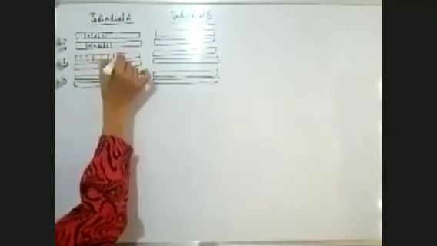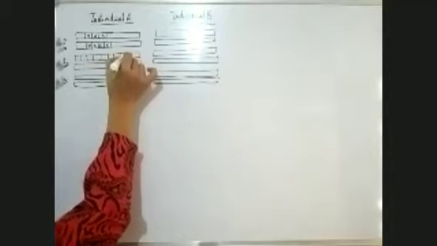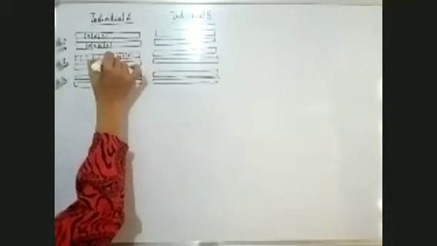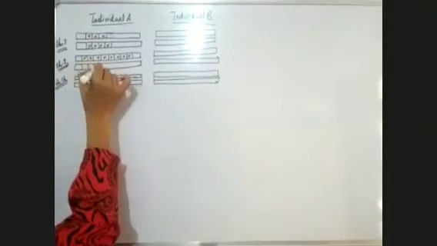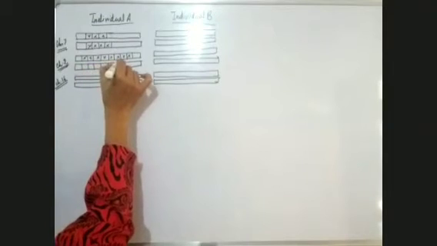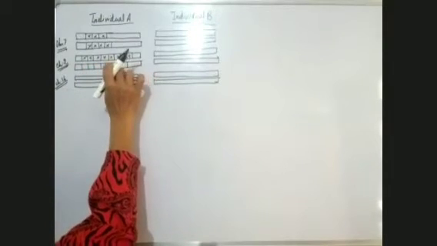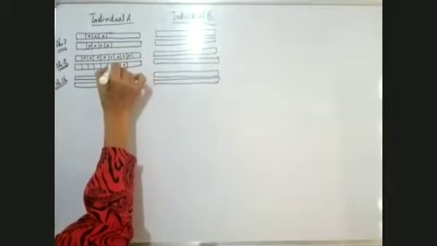Here there are 8 VNTRs: 1, 2, 3, 4, 5, 6, 7, 8. The next one has 7: 1, 2, 3, 4, 5, 6, 7.